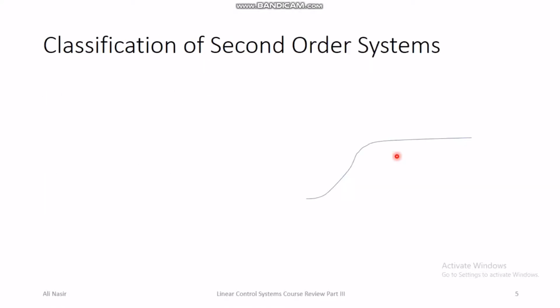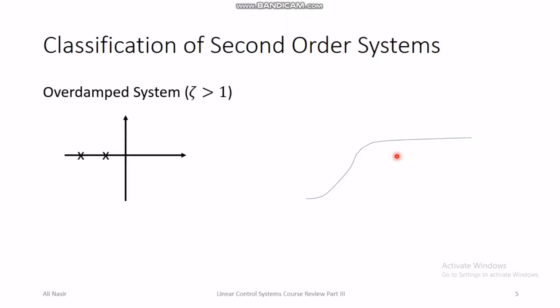Okay, so then there is the classification of second order systems. First there is the overdamped system. For an overdamped system, zeta is greater than 1, and the poles of the system are real and distinct. The equation of the poles is the same as in the previous slide, minus zeta omega n plus minus omega n times square root of zeta square minus 1.